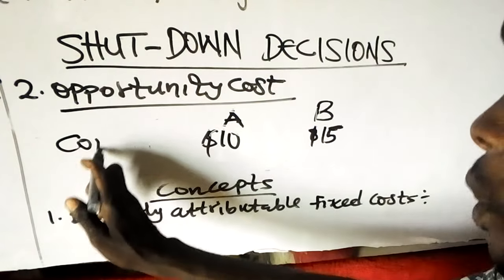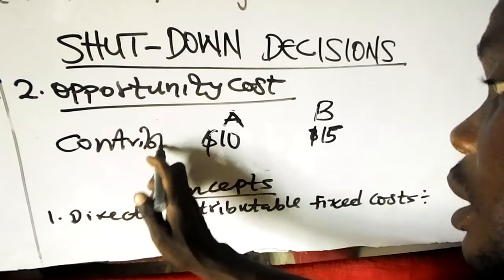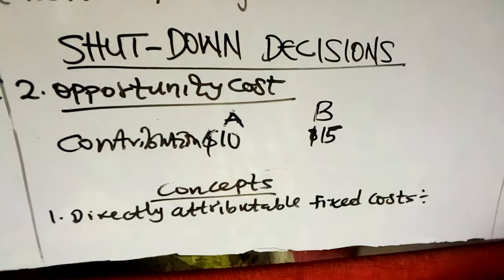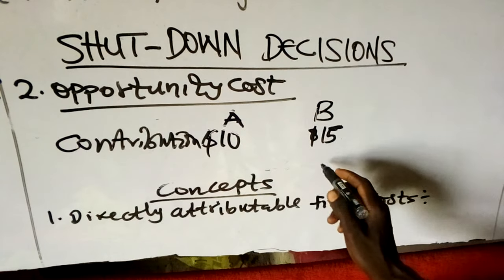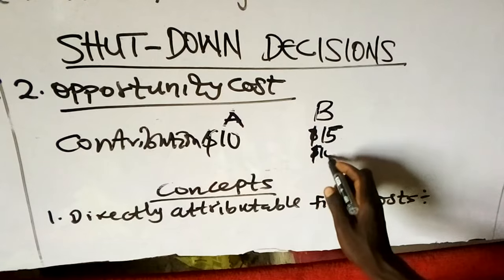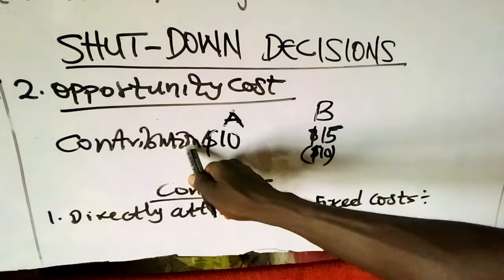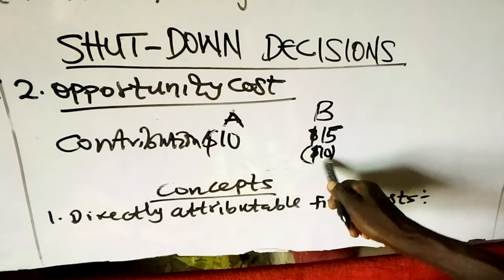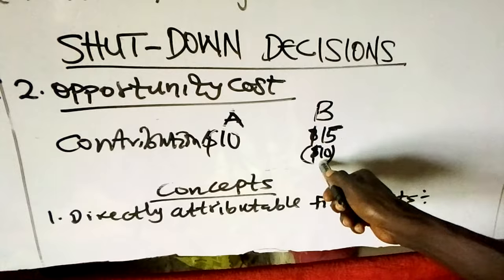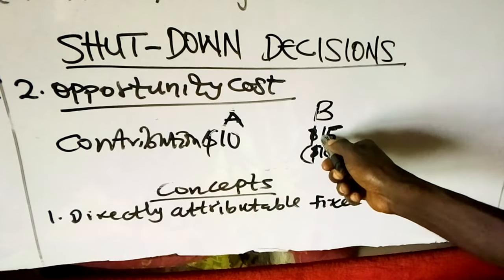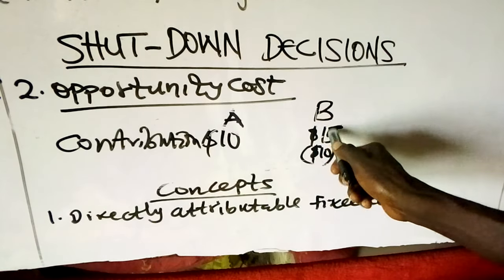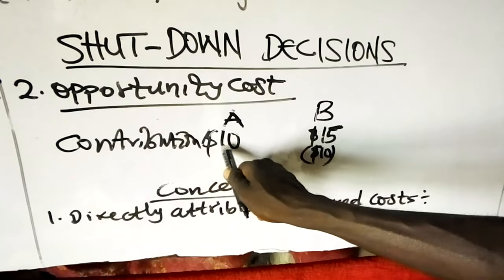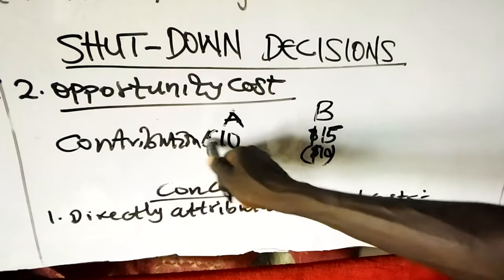Contribution is an inflow, but since it is an opportunity cost, you are treating it as the opportunity cost of one product or project. So you are going to treat it as a cost of carrying out this project. So that contribution from A will be treated as the opportunity cost of B. You want to forgo that contribution of $10 because you want to execute B. That means if you don't want to execute B, then you will still go ahead with A, and A will fetch you a contribution of $10 per unit.